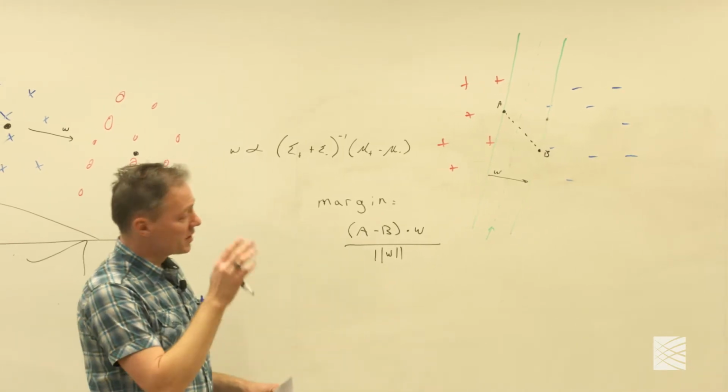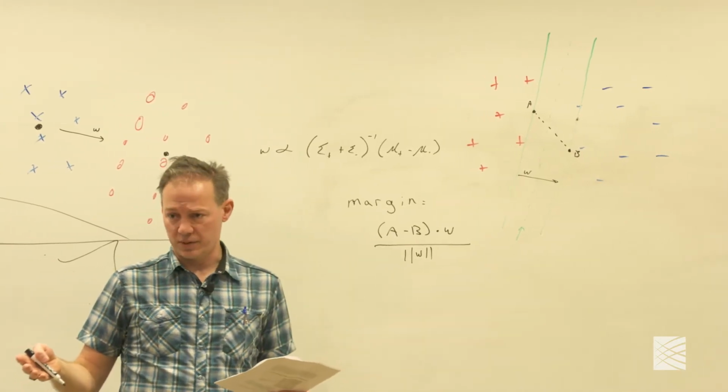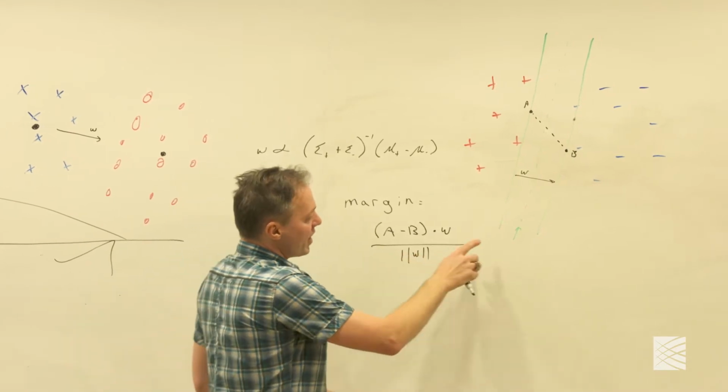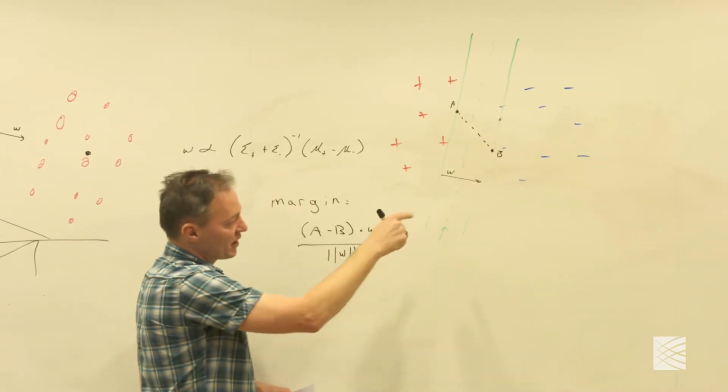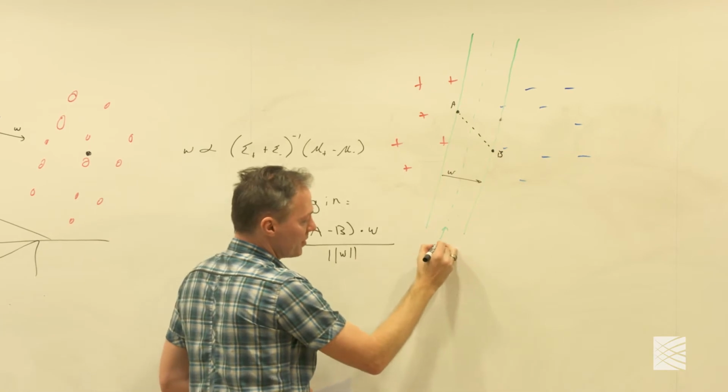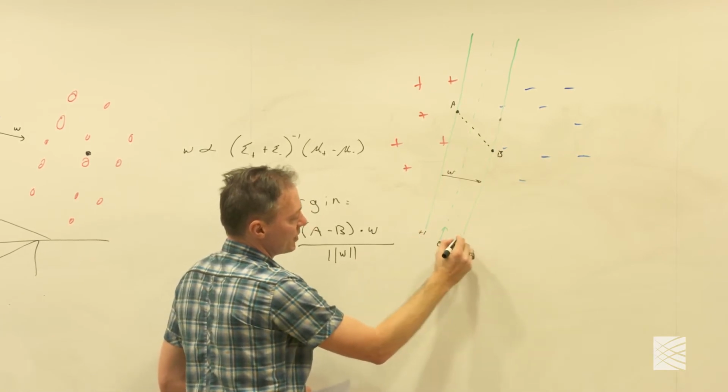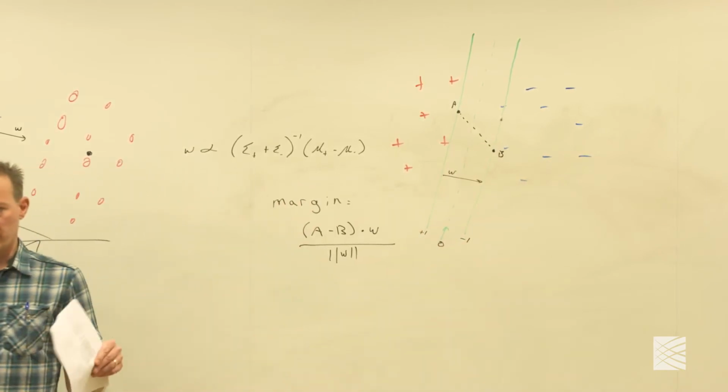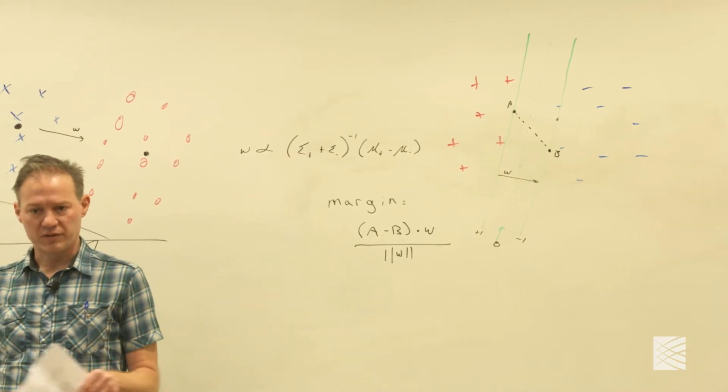All right. When we solve this, we assumed it's separable. We're going to require that when we project onto W and add some bias term, we're going to want this to be 0, this to be +1, and this to be -1. That's just how we're going to define our scoring function for the classifier.